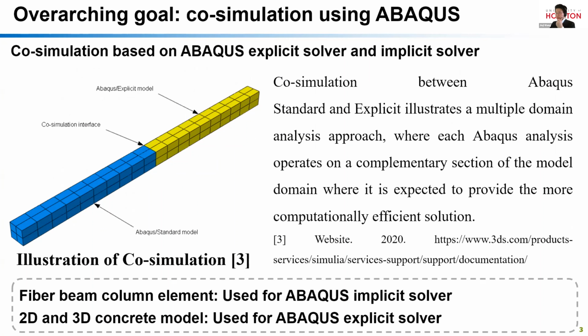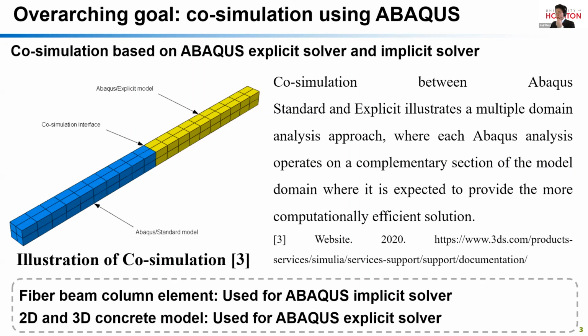For example, a user can use ABAQUS to couple an ABAQUS Standard model, which uses the implicit solver, with the ABAQUS Explicit model, and the co-simulation interface can connect these different elements directly. It can also be extended to other software solvers and even fluid-solid interaction.